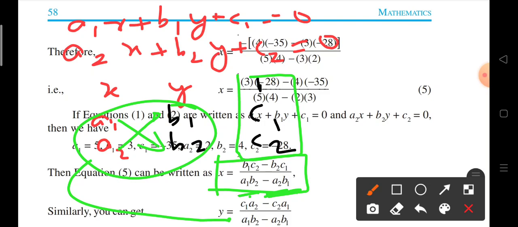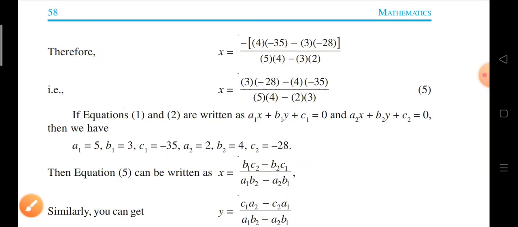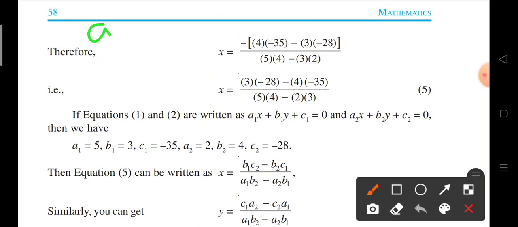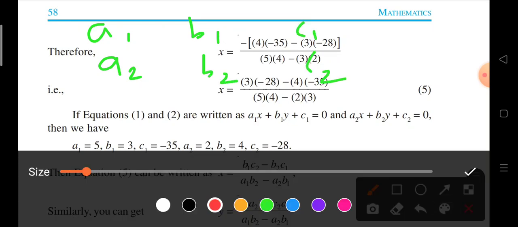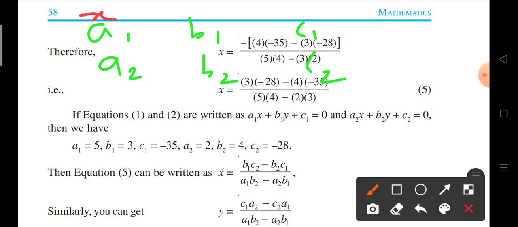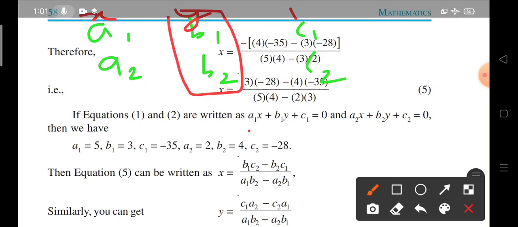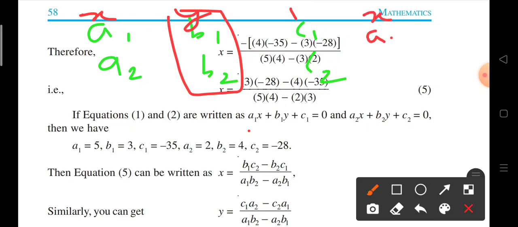Now to find the numerator part of y, what you have to do? Again you write a1, a2, b1, b2, c1, c2, and on the top we have written x, y, and 1. Now for the y value, forget this and write x one time over here again, a1, a2.